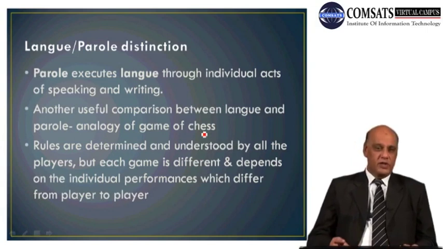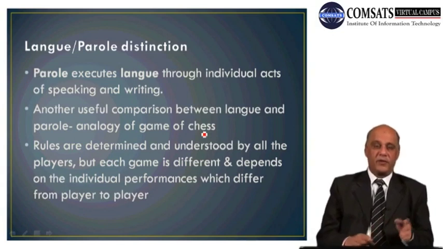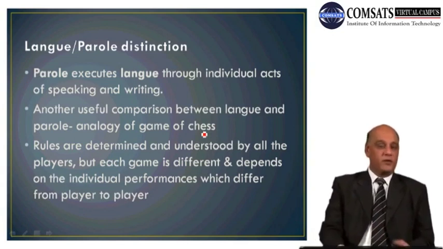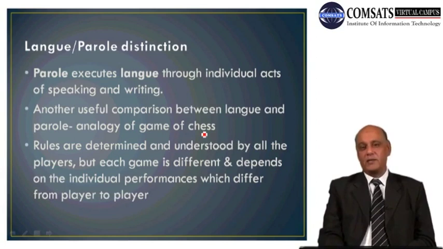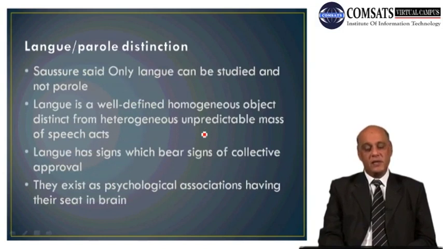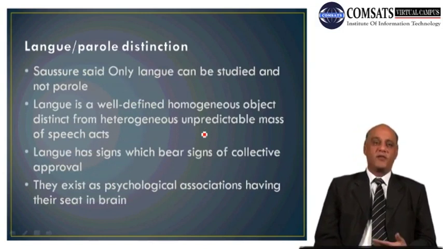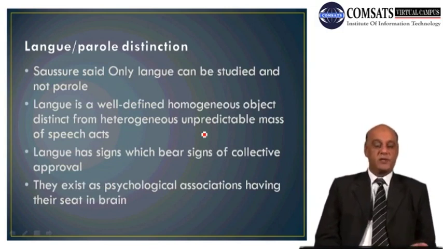The rules will be the same, but you can expect different games being played by different people. They would differ from player to player because players have their own skills. Individuals have their own thoughts and their own mental skills. So that is why we can expect different games obeying the same rules of chess.